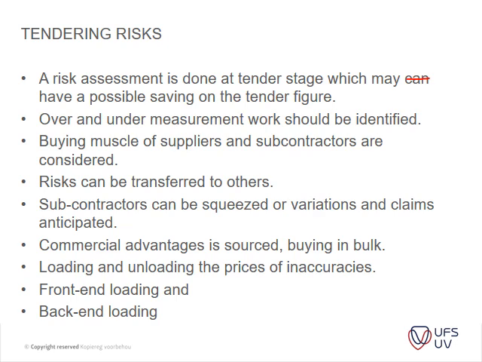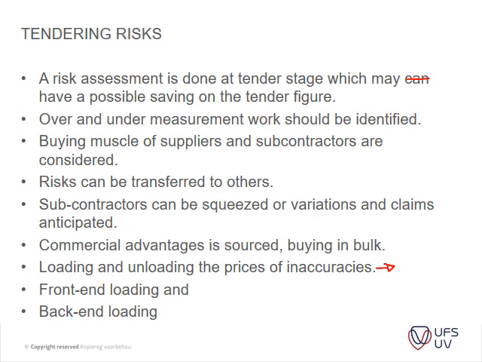The buying muscle of suppliers and contractors is considered. Risk can be transferred to others. Subcontractors can be squeezed, or variations and claims can be anticipated. Commercial advantage is sourced, buying in bulk, for instance. Loading and unloading the prices of inaccuracies, that's very important to note.